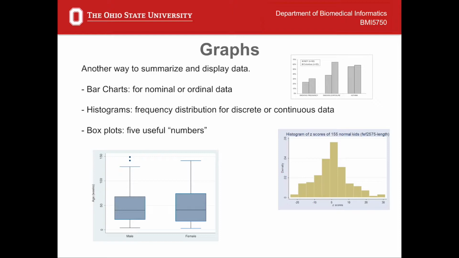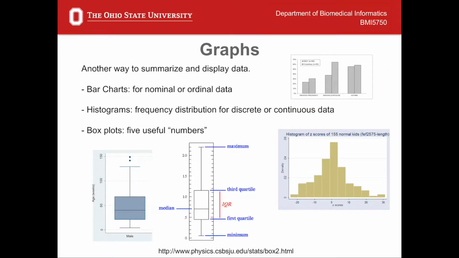Here is a bar chart. We usually use that for nominal and ordinal data. Histogram is a very good way to show the frequency distribution for discrete or continuous data. And here at the bottom, that's a box plot. There are 5 useful numbers for a box plot. Minimum is the minimum value of all the sample points.